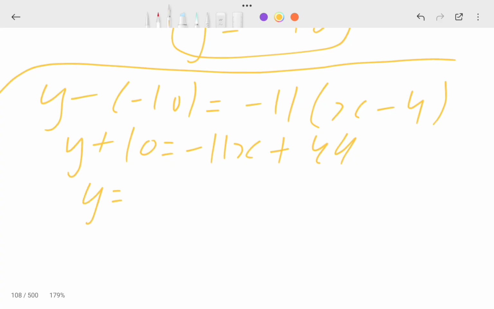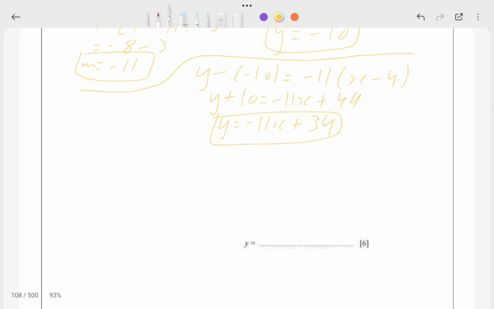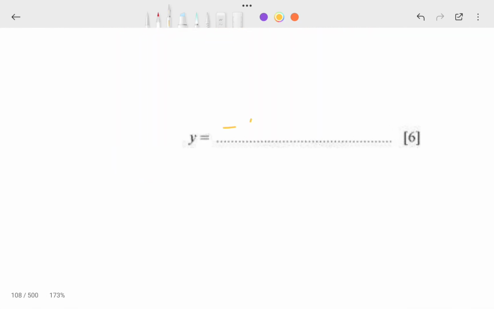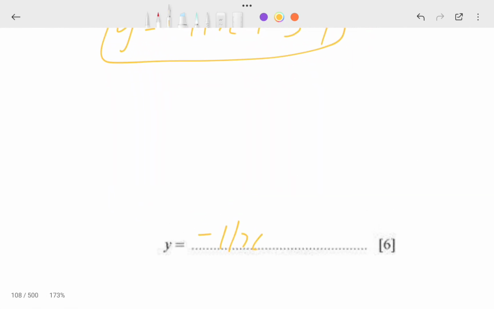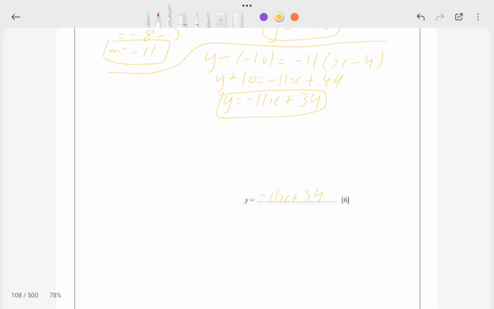So y will be equal to minus 11x plus 44 minus 10, which is 34. So this is our answer. Right, so y is equal to minus 11x plus 34.